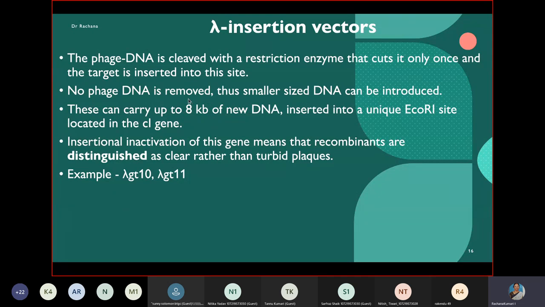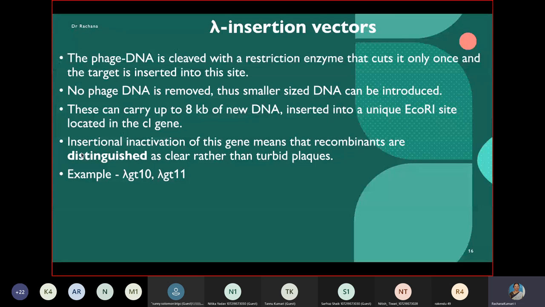The foreign DNA of insert has to be around 8 kb. And where are we inserting? Near the C1 gene. All of you remember what is the job of the C1 gene, especially in the lambda genome? This is the gene which controls the lysogenic pathway.